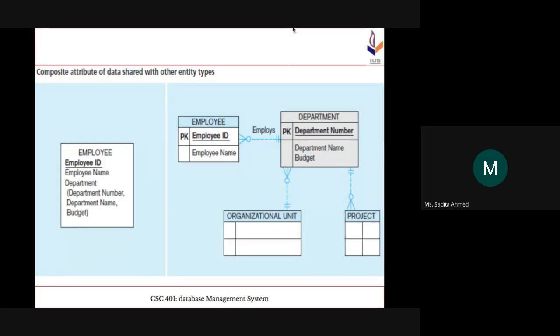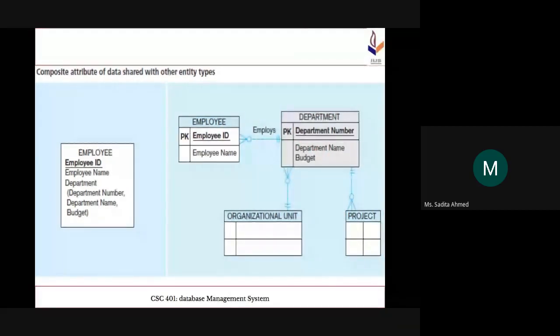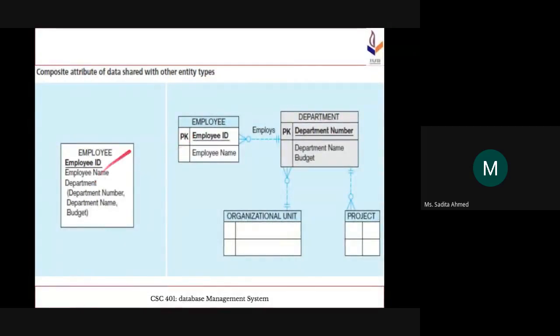So what you guys were talking about, one of you guys, Sabit, I think, was talking about how we could put the department number in employee. We would do that later on.